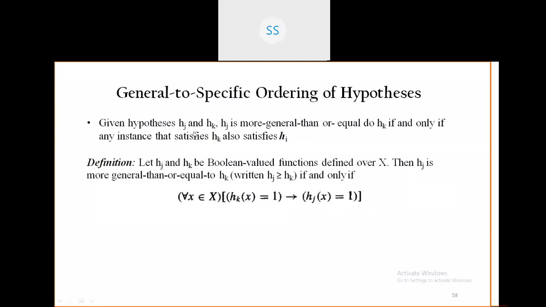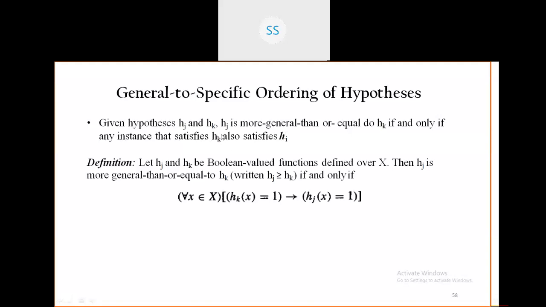So, given the hypotheses Hj and Hk, Hj is more general than or equal to Hk if and only if any instance that satisfies Hk also satisfies Hj.